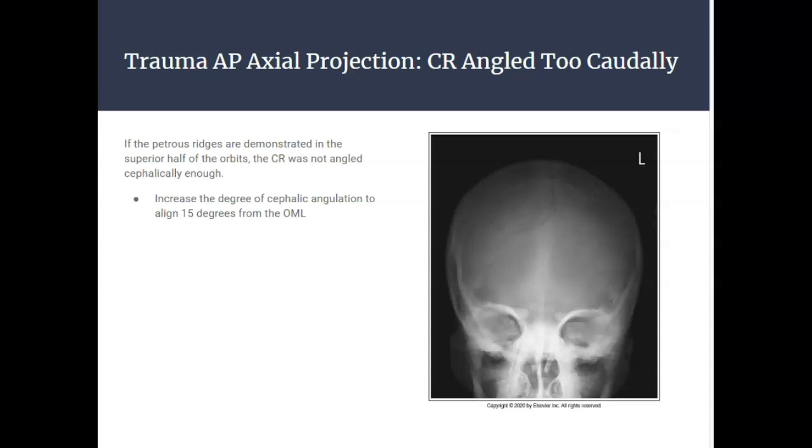So the central ray wasn't angled cephalically enough, and you're going to have to increase that degree of cephalic angulation to align 15 degrees from the OML. Another suggestion is to ensure that the OML is perpendicular with your IR.